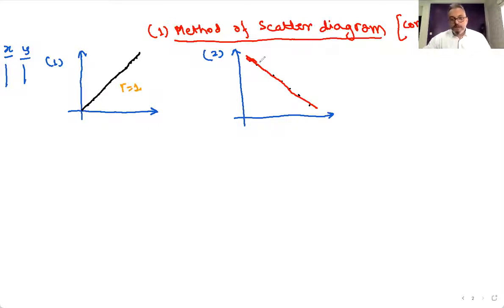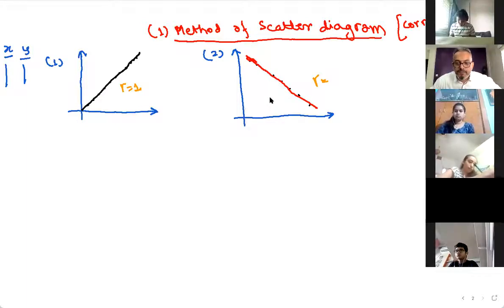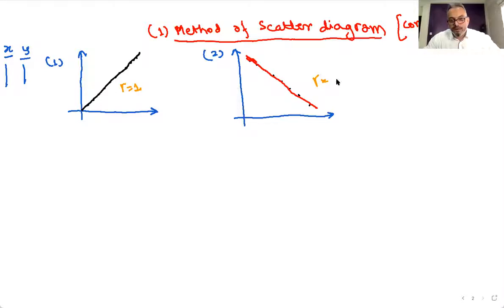Now over here in the second diagram, you can see that the slope is downwards from left to right. It is falling downward, but in a straight line. So what will be R equal to? Can you tell me? What will be R equal to? -1. Yes, very good. R will be equal to -1.